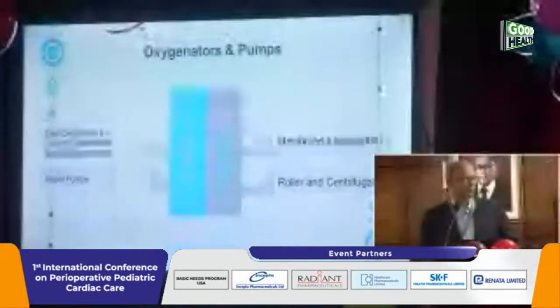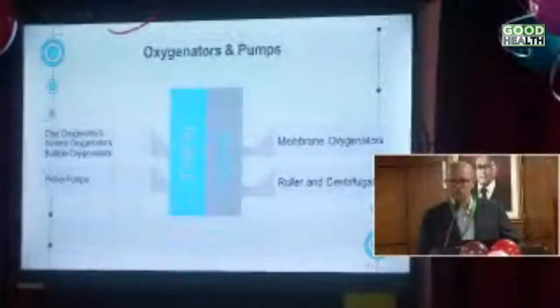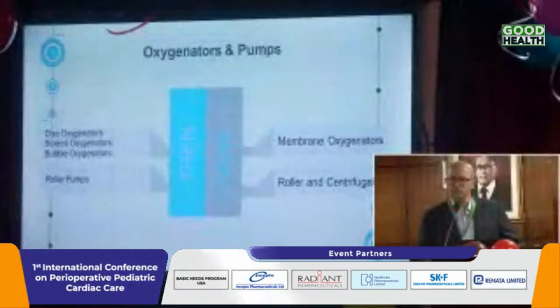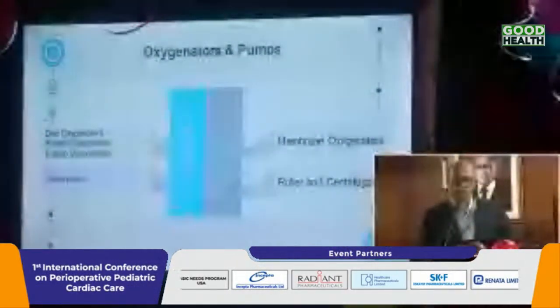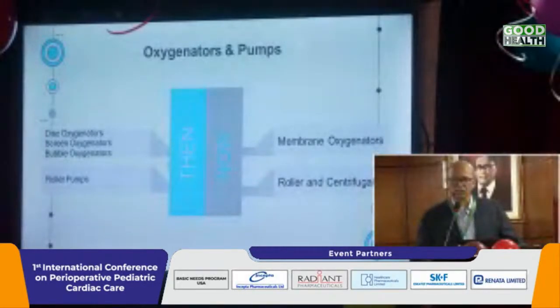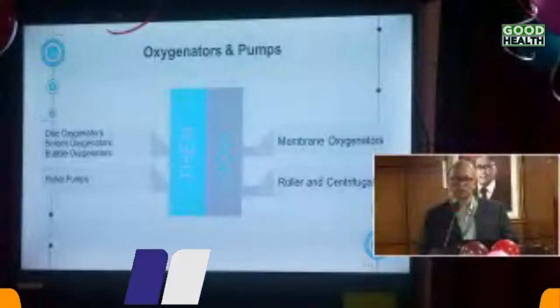Oxygenators in the earlier years used to be disc oxygenators and screen oxygenators and then bubble oxygenators. I had the opportunity to use bubble oxygenators when I started my career. Now we are currently using membrane oxygenators, which are made of microporous polypropylene.